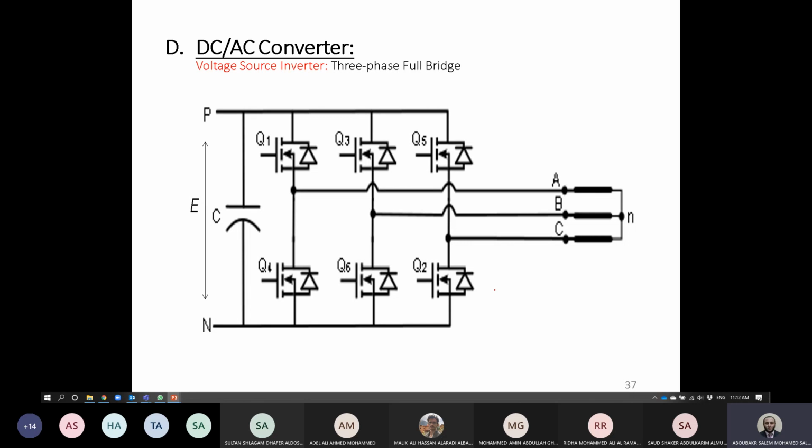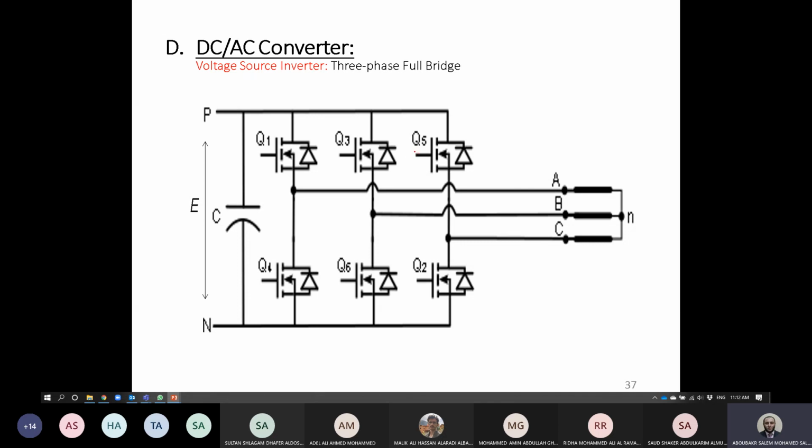How does it work? Simply, we need to apply some pulses to the 6 switches in order to obtain the required output voltage. Last class, we discussed that we can operate the inverter by using square wave in order to get square wave output.